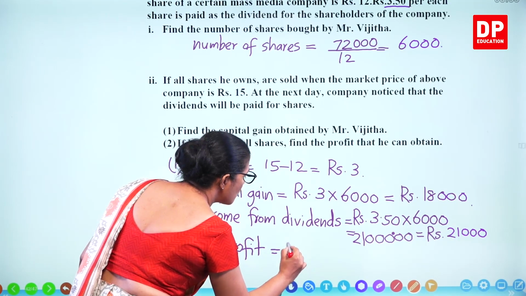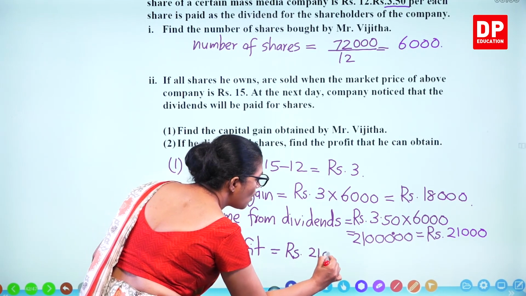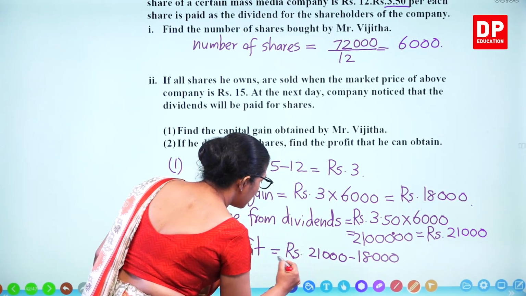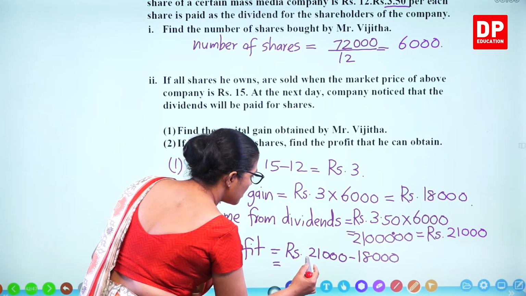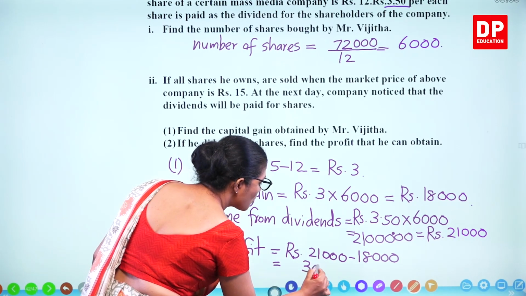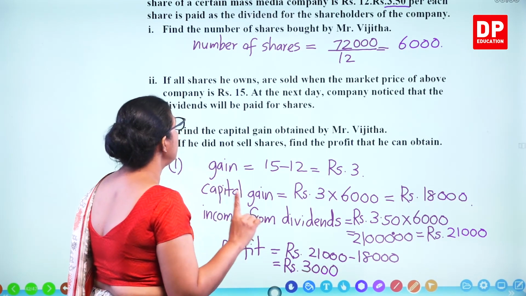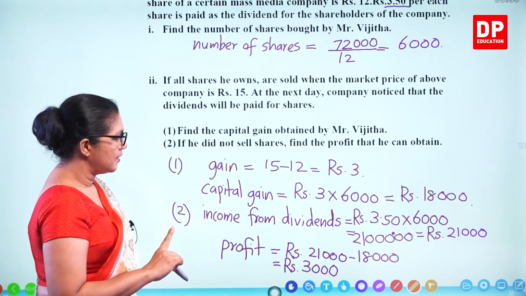So 21,000 minus 18,000, 3,000 rupees profit you get if he did not sell shares.